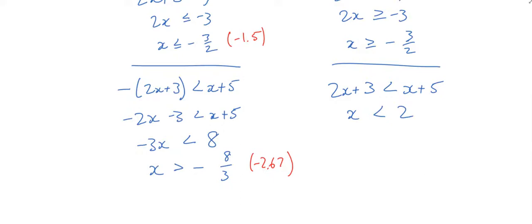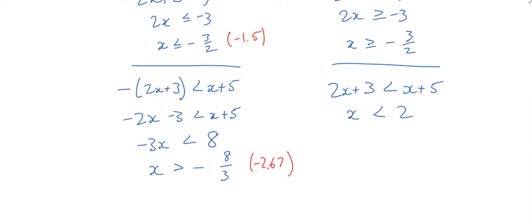Are you saying every number that's greater than negative 8 over 3 is not also less than negative 3 over 2? Not all of them, right? Some of them, though. Up to that point. Because this is the answer under that condition only. And some of these numbers meet that condition.